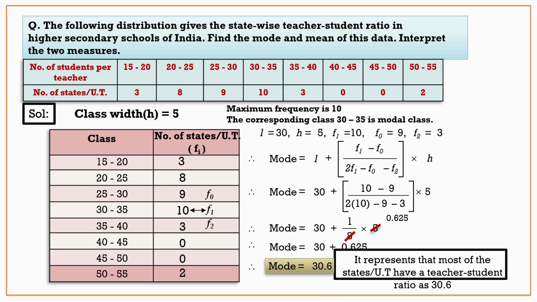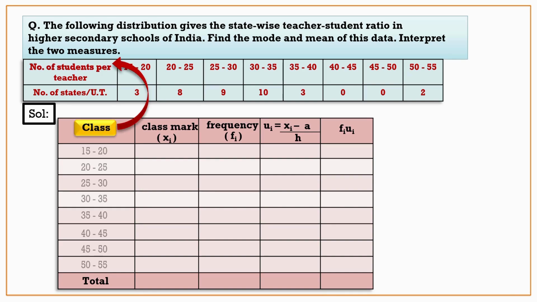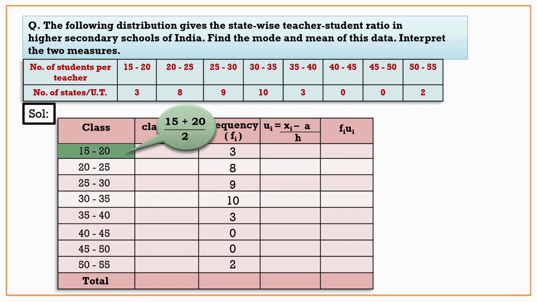Now let's find the mean. So class mark, class frequency fi, xi, ui. Here also we are using the step deviation. Now let's calculate the class mark xi, that is lower limit plus upper limit by 2.